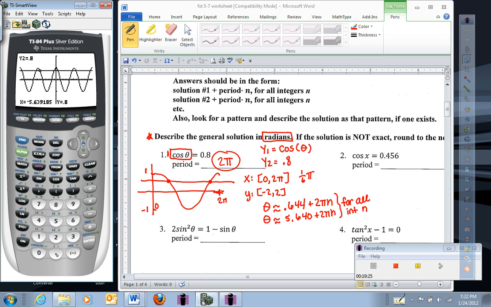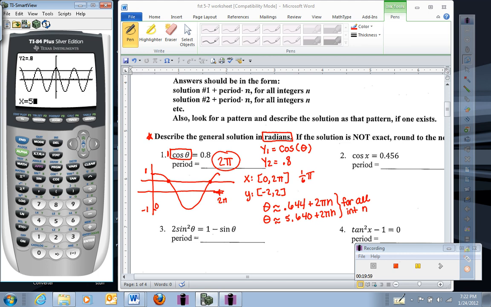If I were to do 0.644 and subtract 4 pi, I would be at this solution on the way down over here. If I start at 5.640, which is the solution on the way up, where the function is increasing, then if I say 5.640 plus 2 pi, I get the next one on the way up to the right of that one.